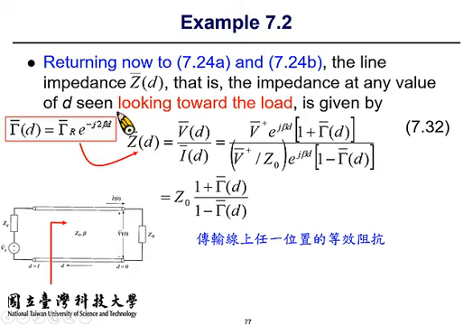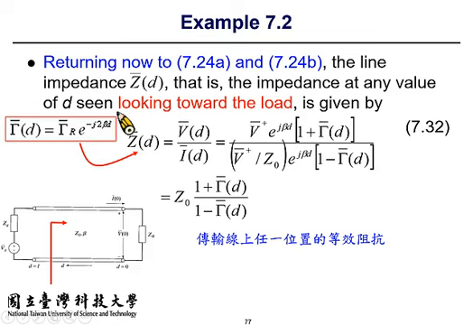Okay, so the phase change due to the 2d propagation is beta times 2d. So the only thing you need to account for is the phase, the angle adjustment due to this round trip propagation of the reflected signal.